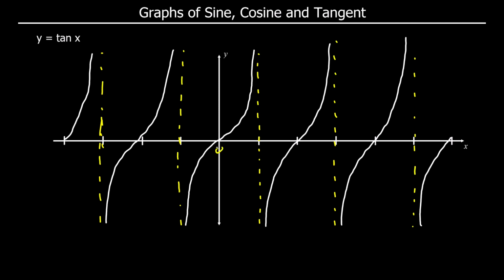So again, 0, 90 is undefined, 180, 0, 270 is undefined, 360, 0, 450 is undefined, 540, 0. And that is our tangent graph.